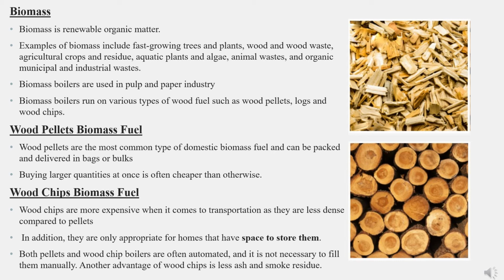Wood pellet biomass fuel can be packed and delivered in bags or bulk, and buying in large quantity at once will be cheaper. Whereas wood chip biomass fuel is more expensive when it comes to transportation as it is less dense compared to pellets. The advantage of wood chips is they produce less ash and smoke residue.